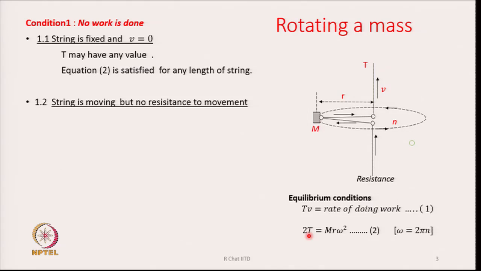The other situation is that the string is moving, but there is no resistance to the movement. If there is no resistance to movement, that basically means T is going to be 0, that means there is no tension in the yarn, because there is no resistance to the flow of the yarn.